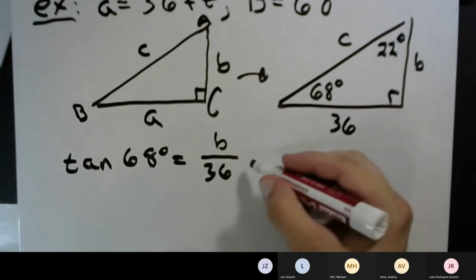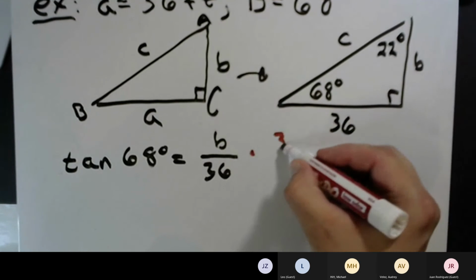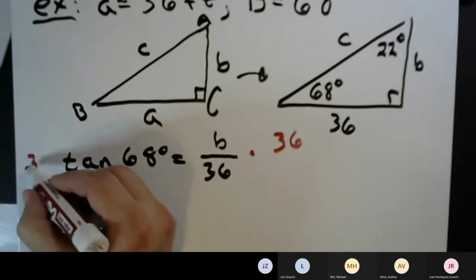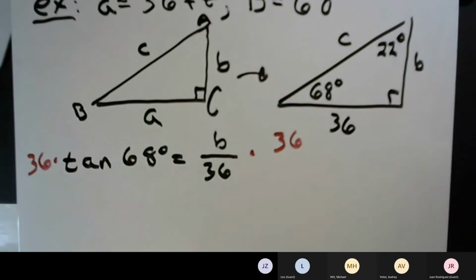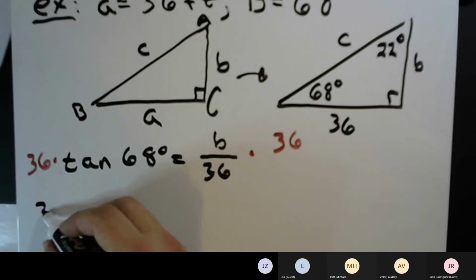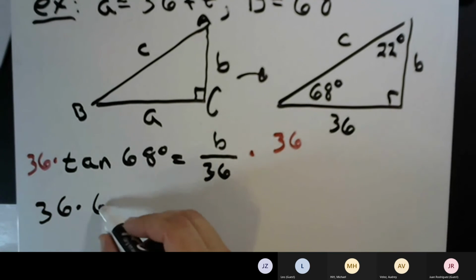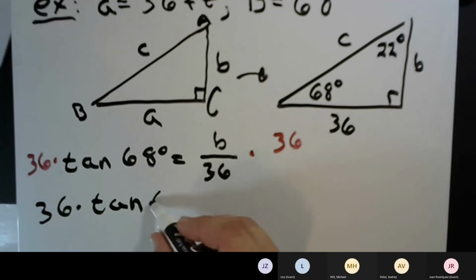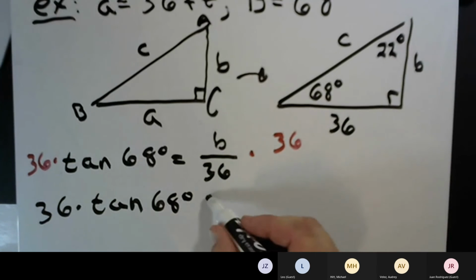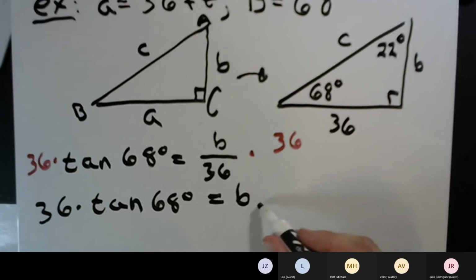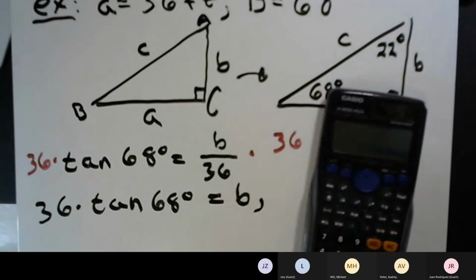Now to solve for B, since we're dividing by 36, we need to multiply by 36 to cancel it. So we're going to get 36 times the tangent of 68 degrees is equal to B. We do the calculation: 36 times the tangent of 68.